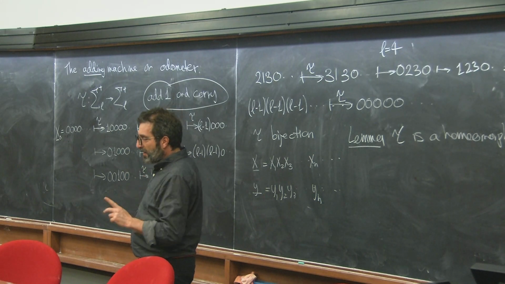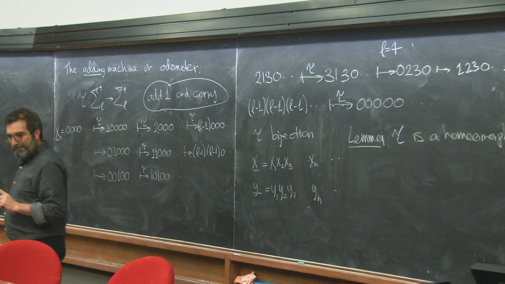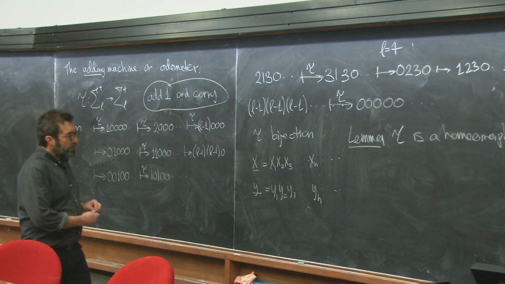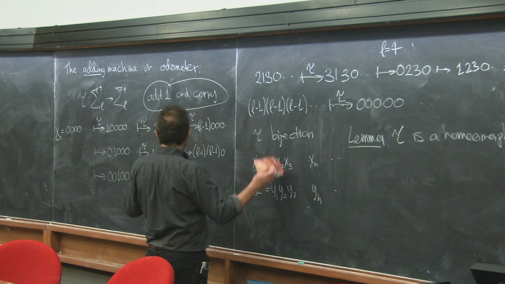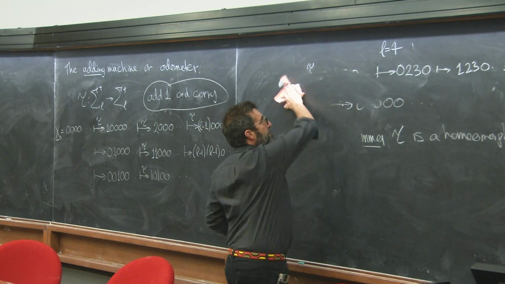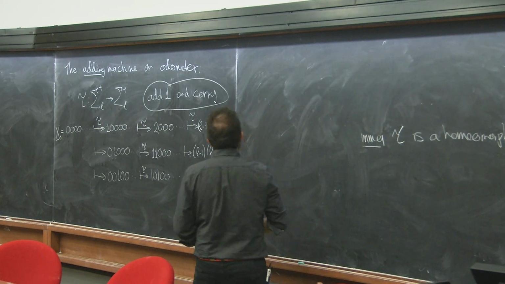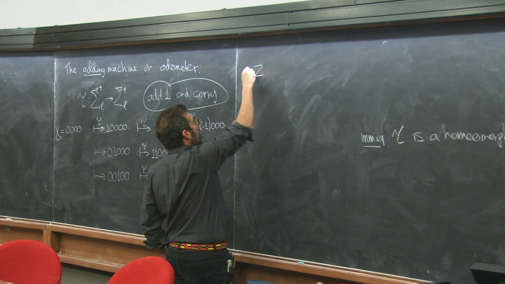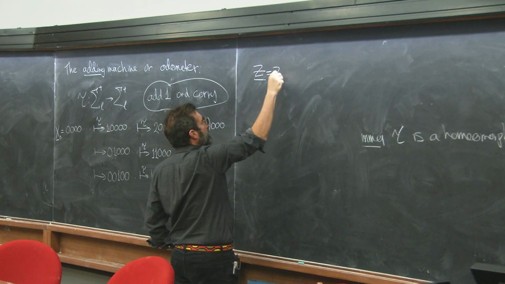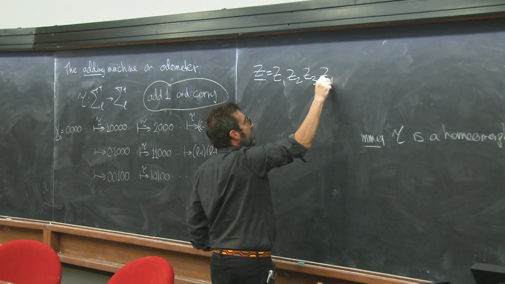I agree with the second part of what you said, but not with the first part. So we want to take any arbitrary sequence, and we want to show that it's approximated by this. Let's just take an arbitrary sequence, z bar equals z1, z2, z3, z4.